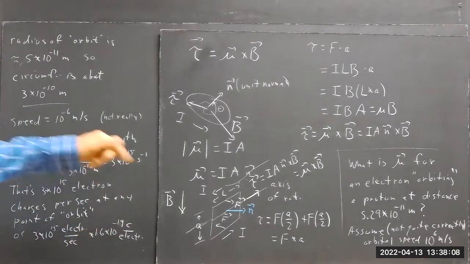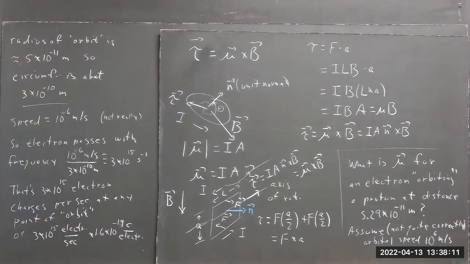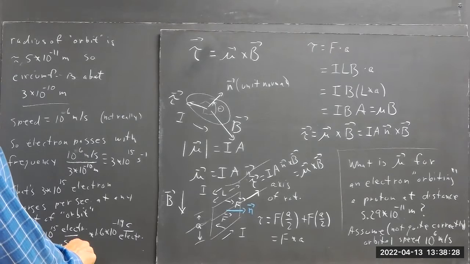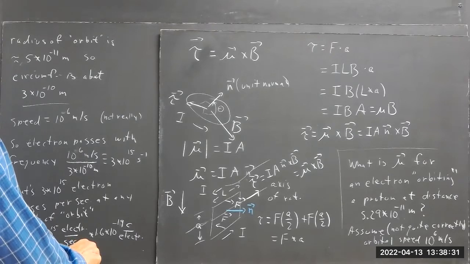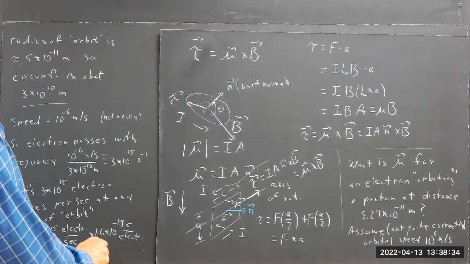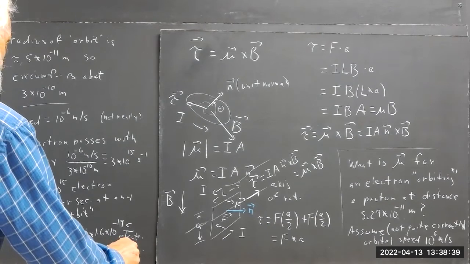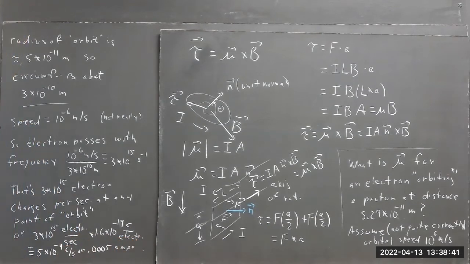If I write a 6 here, I want to write a 6 there. If I write a minus here, I want to write a minus there. And that comes out about half a milliamp.